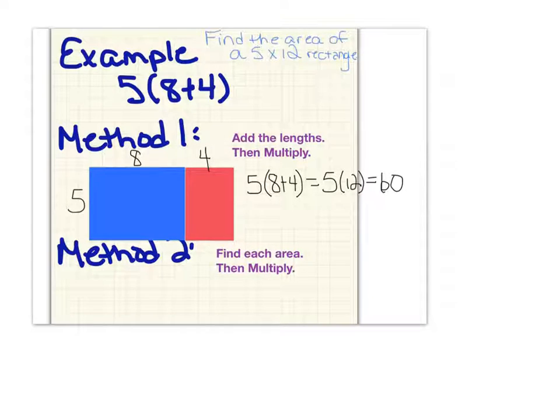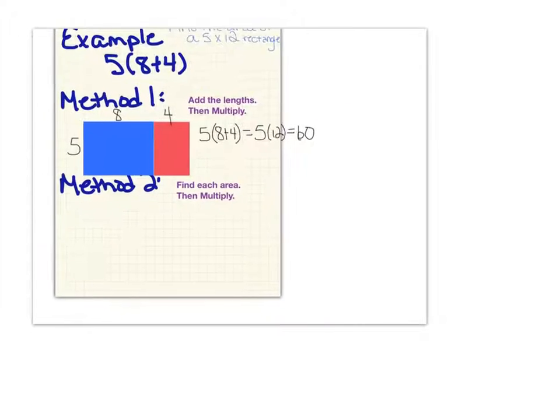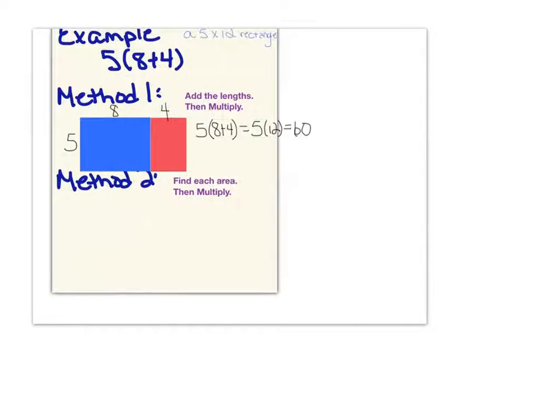Our second method, in case we find that the multiplication is difficult for us, is to break it down into 2 separate rectangles. So let's try that and see what that looks like. I'm going to go ahead and make the same size rectangle.